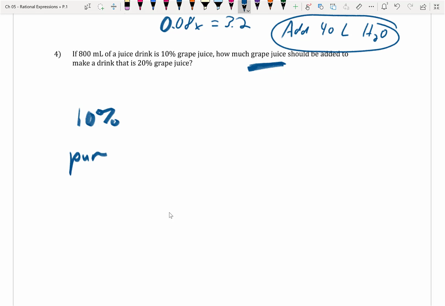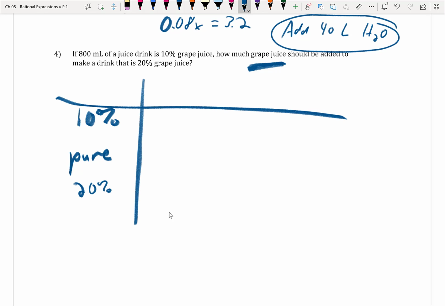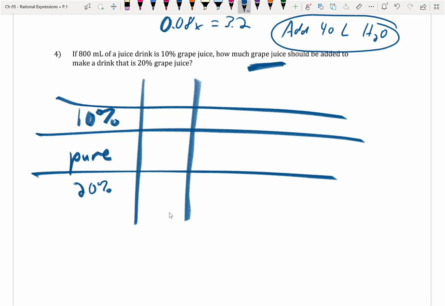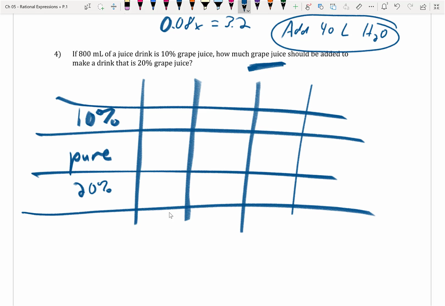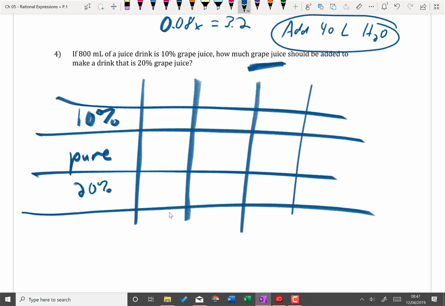I'm going to put the word pure down. And we're going to make it 20%. The thing that I'm adding is the pure grape juice. That's sort of implied, but you got to read the problem carefully to kind of decipher that.